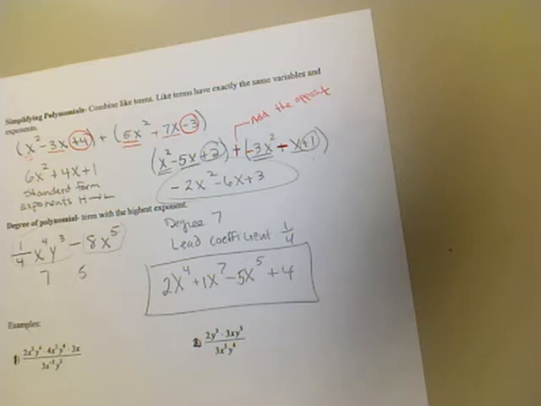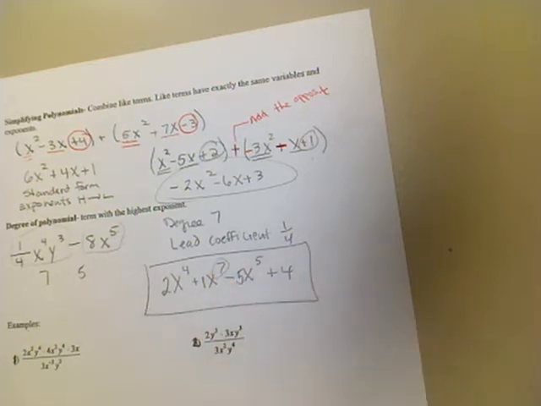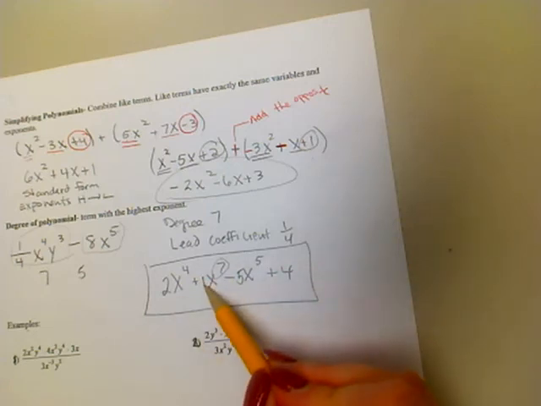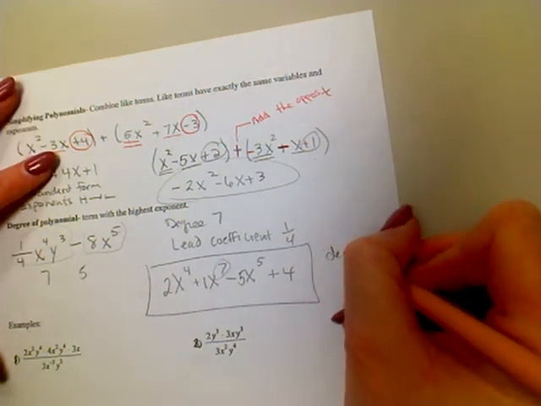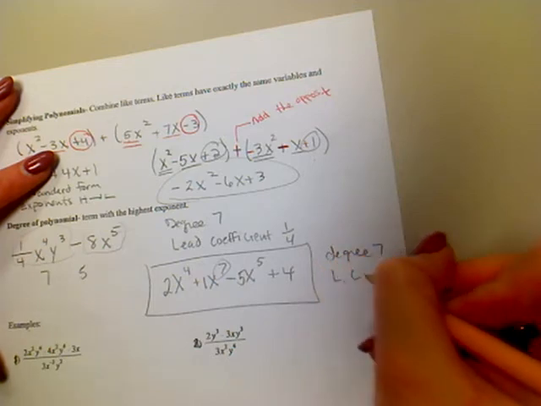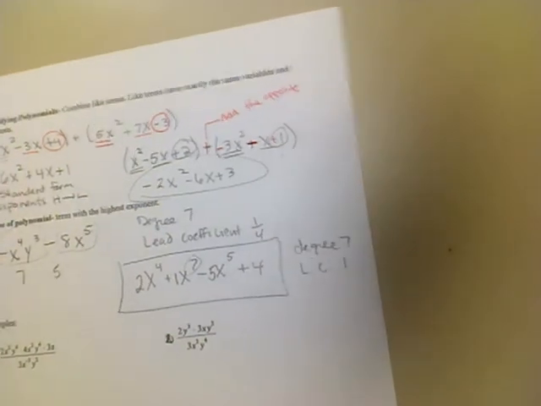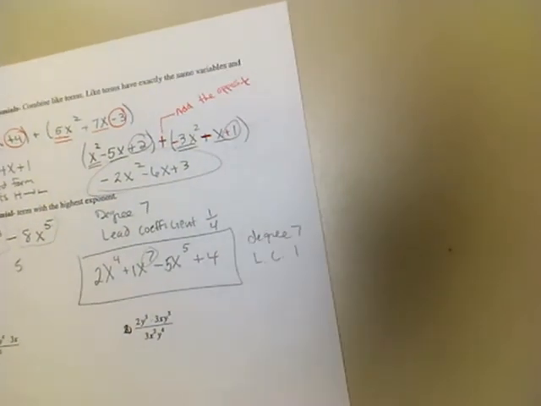Look for the highest exponent, or the product of the highest exponents. It would be 7. So the degree of this one is 7. So your lead coefficient should be 1. And they want you to understand that and be able to do that just so you understand polynomials and the way they're written, standard form.